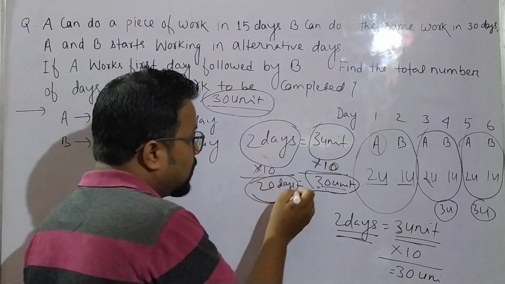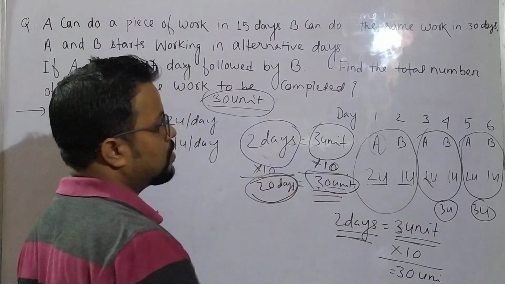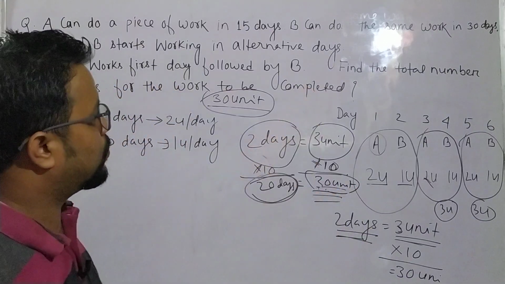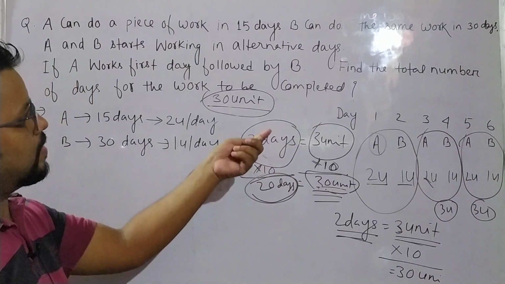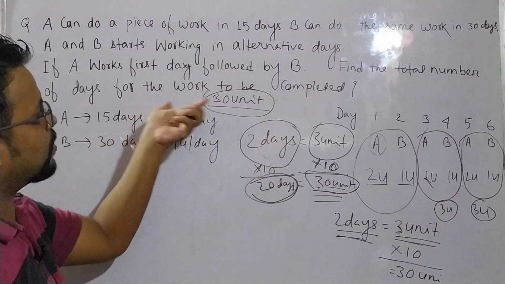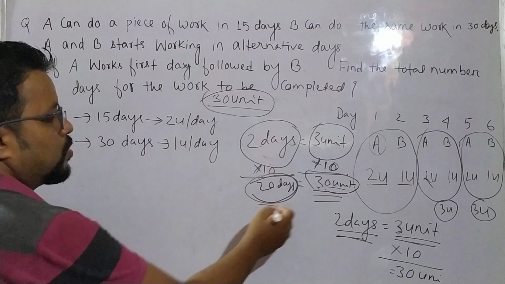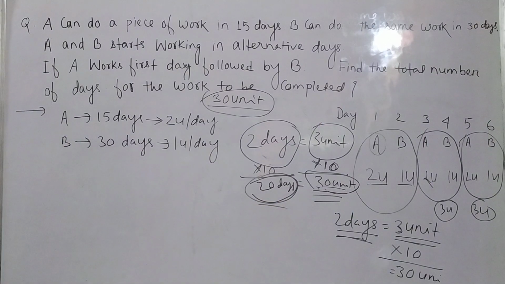So in 20 days, I am getting 30 units. So the answer is 20 days. The total number of days for the work to be completed is 20 days.